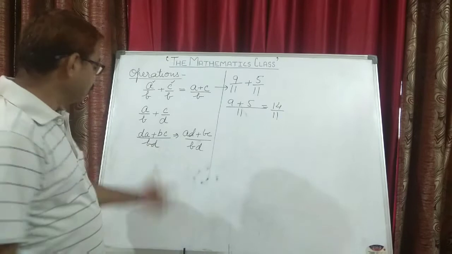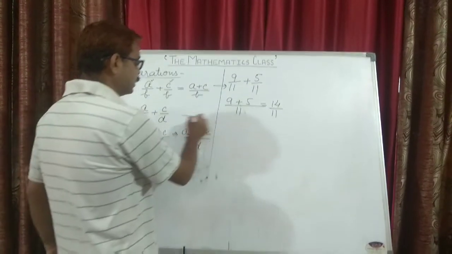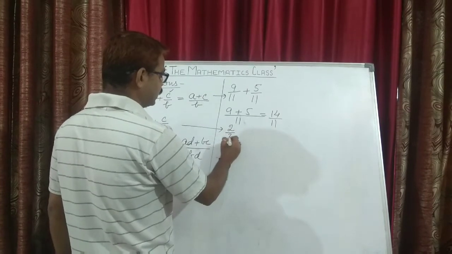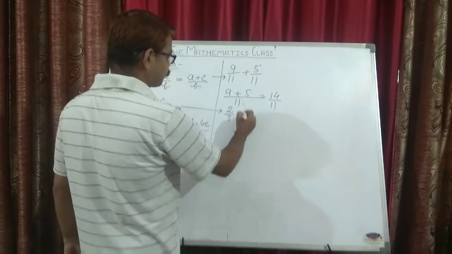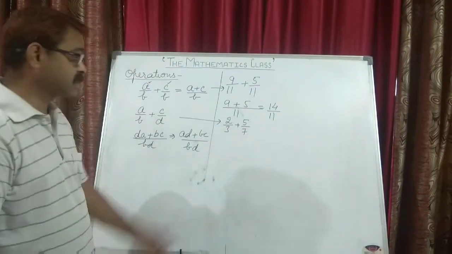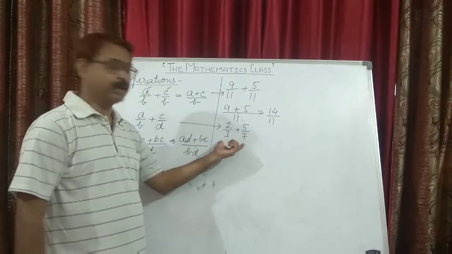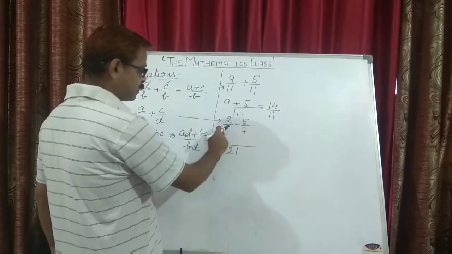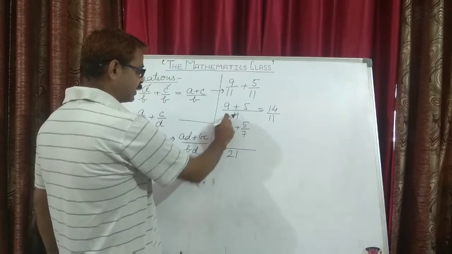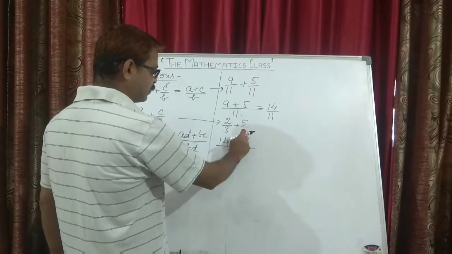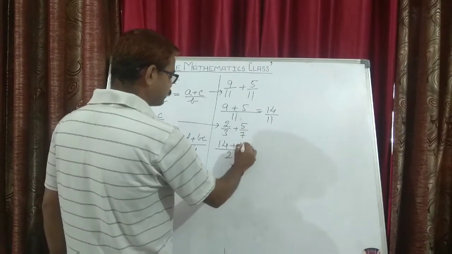Now in this case I am taking the rational numbers 2 upon 3 plus 5 upon 7. In this case, the LCM will be 21. 21 divided by 3 is 7, 7 times 2 is 14, plus 21 divided by 7 is 3, 3 times 5 is 15.